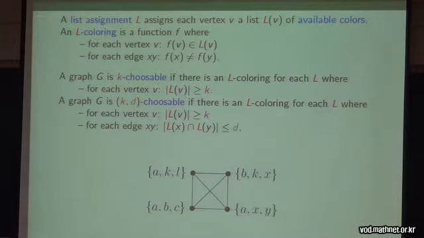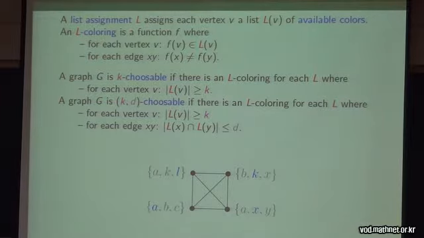You can check that every vertex has 3 colors, and the intersection of adjacent lists is at most 1. Then you can choose a color for each vertex such that it's L-colorable. Of course, you have to check it for all 3,1 list assignments, but this is just one instance.